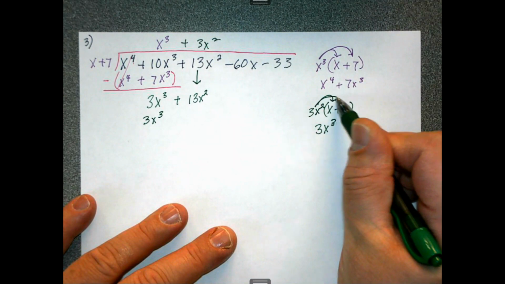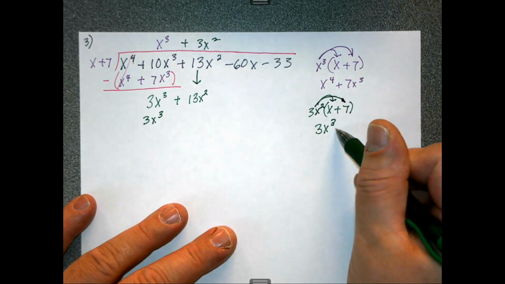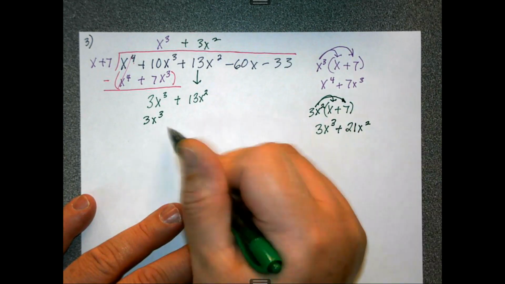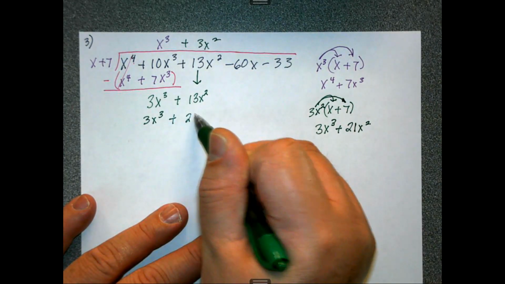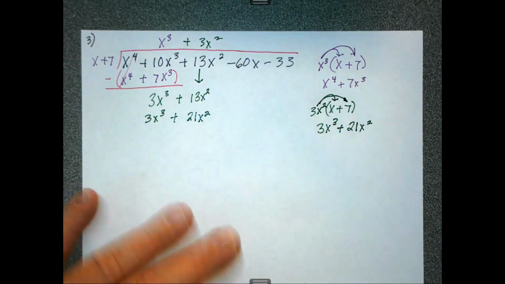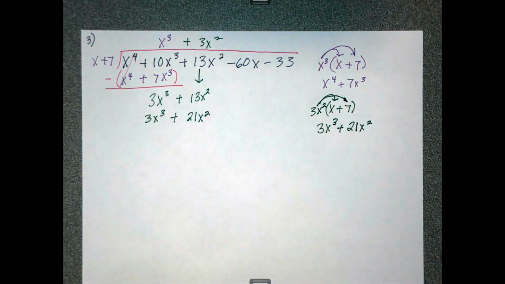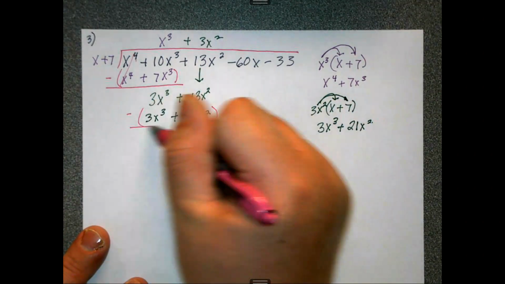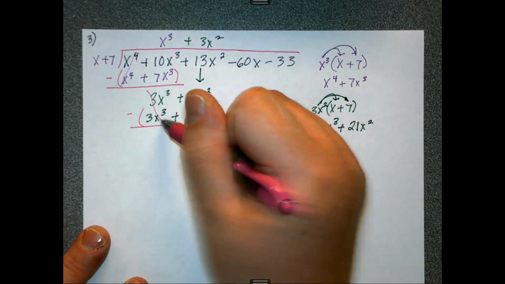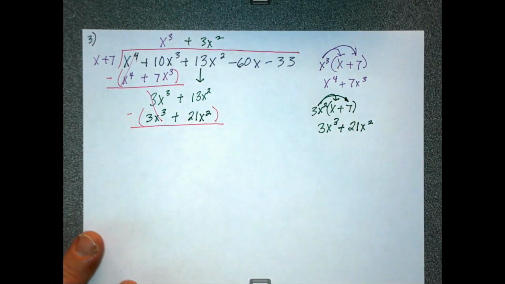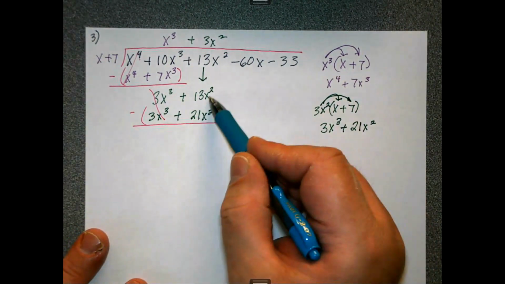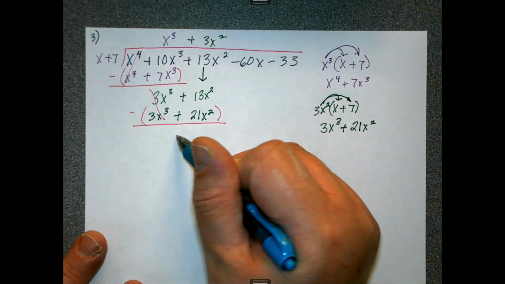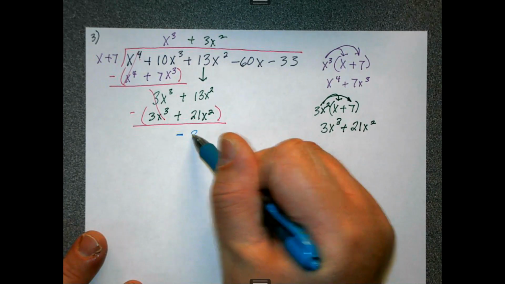Okay, 3x squared times 7, 21x squared. Going to subtract that quantity. These eliminate. 13x squared minus 21x squared, negative 8. Good.